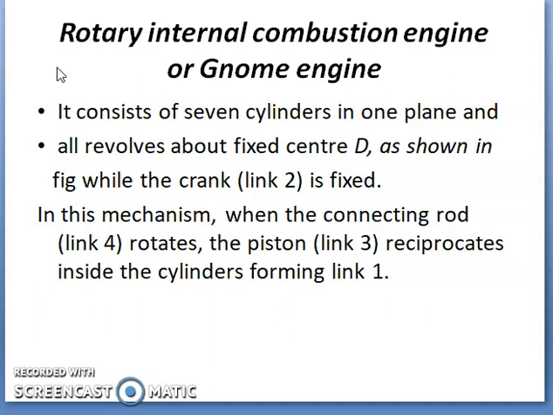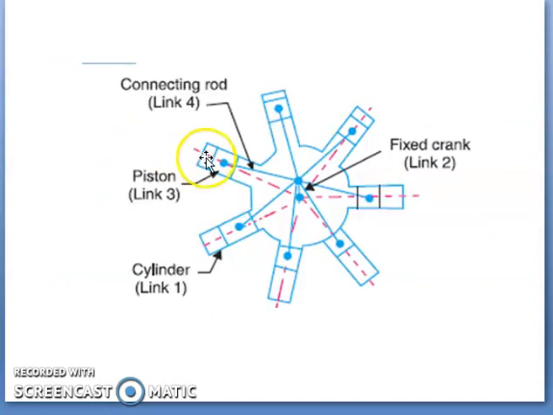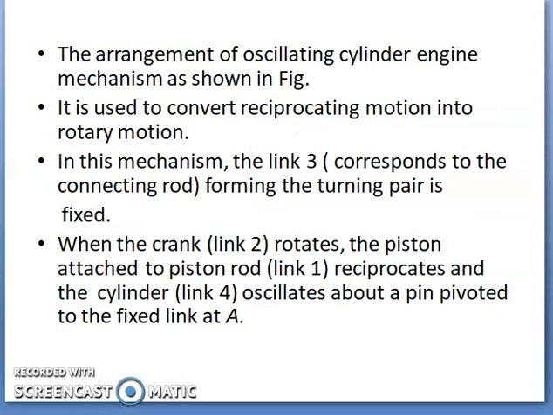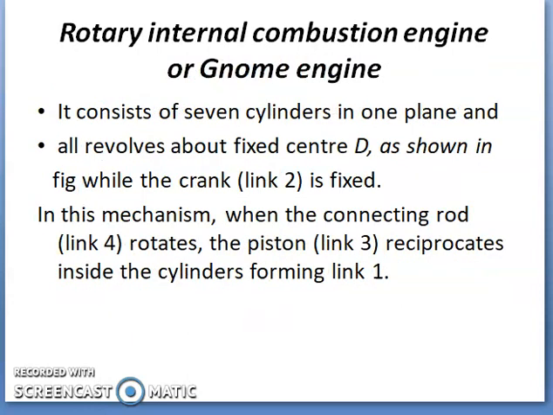In this mechanism, when the connecting rod, that is link 4, rotates, the piston, that is link 3, reciprocates inside the cylinders, forming link 1.